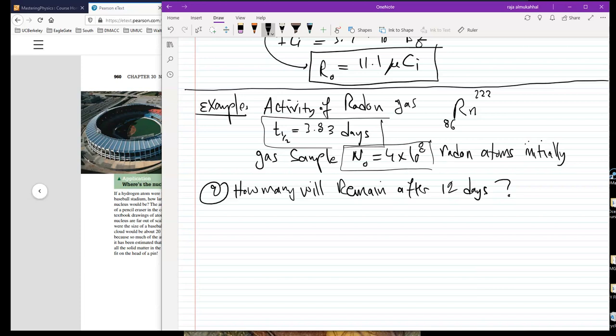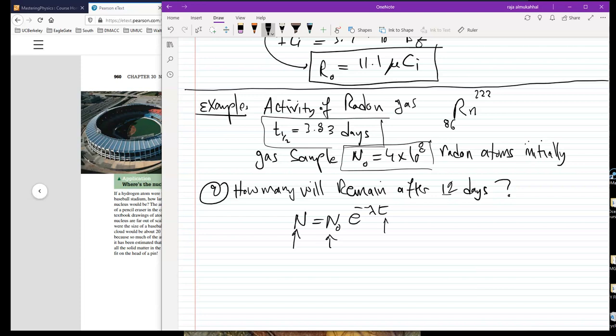One way to do that is the formula N equals N naught e to the minus lambda t. N naught is given to me, and after 12 days, that is t. He's asking for how many, which means N right here.